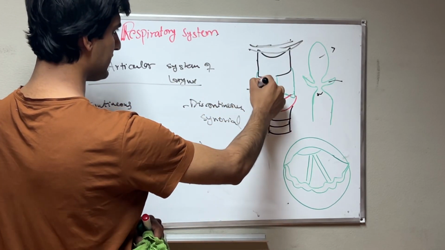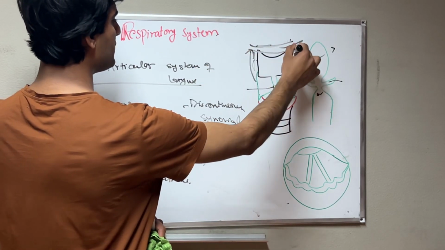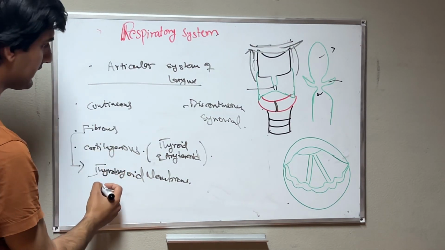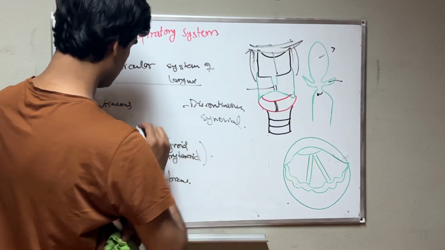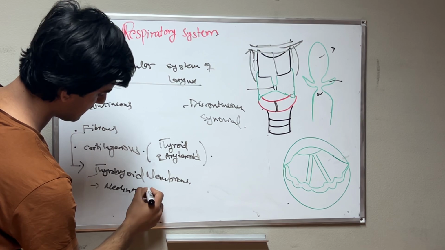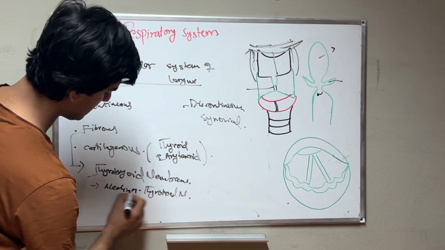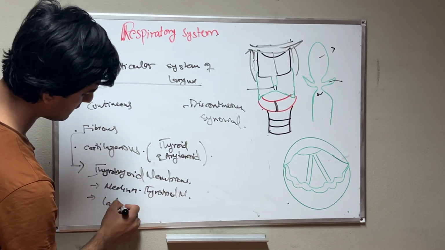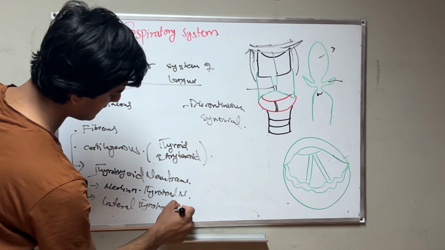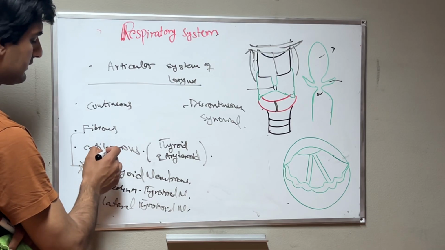The thyroid membrane itself has two parts, the median thyroid membrane and the lateral thyroid membrane. This is the first membrane located in the fibrous type.